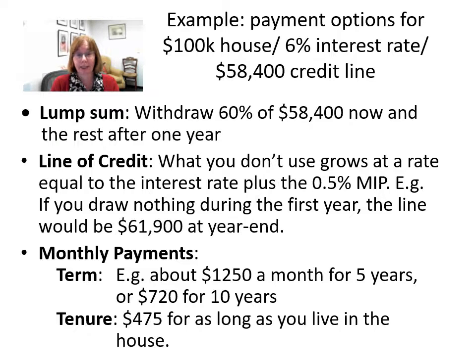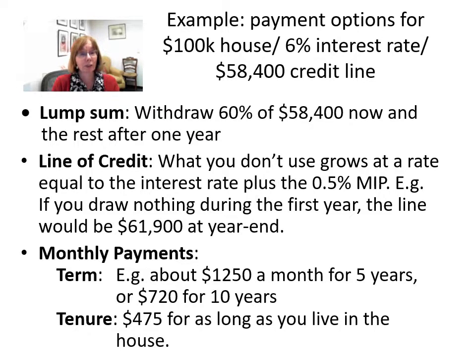And in this case, the line of credit would be $61,900 at the end of the year. Or you could take monthly payments, and again, you can plug this into the calculator and figure out what your payments would be. You could get $1,250 a month for 5 years, or $720 a month for 10 years.